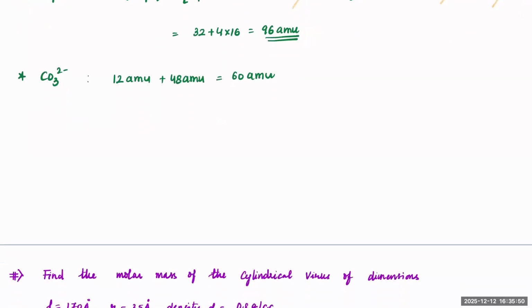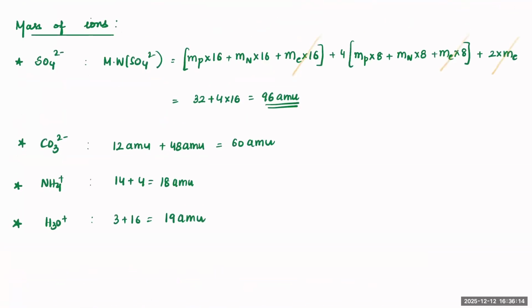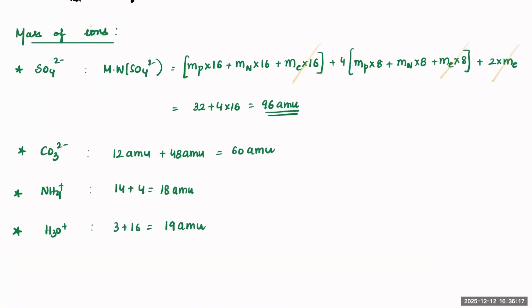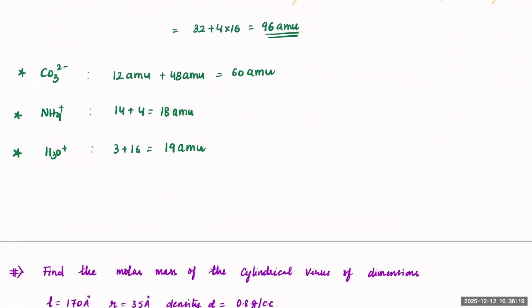Even if you have a positive ion, NH4 plus, that is 14 plus 4, so total 18 AMU. Or even H3O plus, here also it is 3 plus 16, which is 19 AMU. Okay, so this is how you can identify the mass of ions as well.